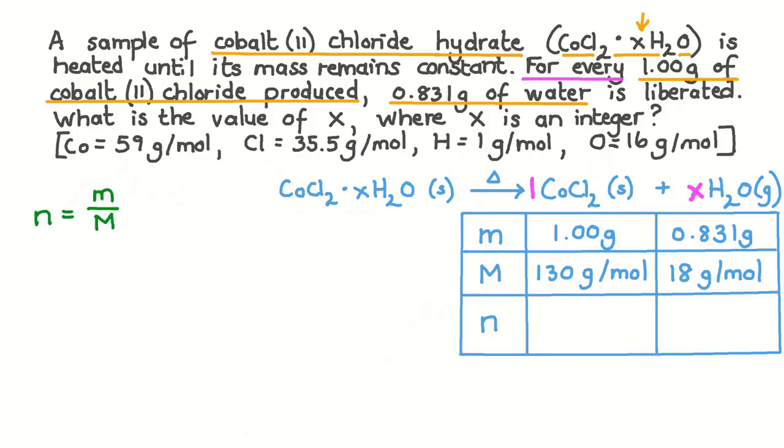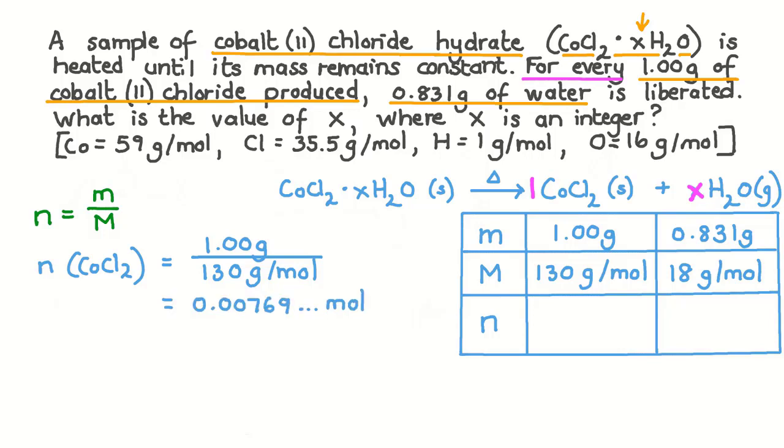We can use the key equation: number of moles is mass divided by molar mass. So for cobalt-2 chloride, taking its mass and molar mass from the table, we get 1.00 grams divided by 130 grams per mole, which is equal to 0.00769 moles.